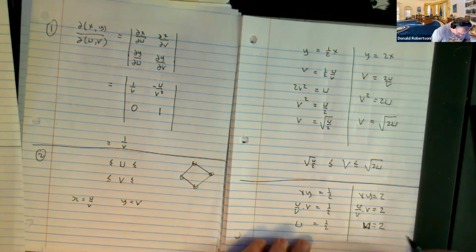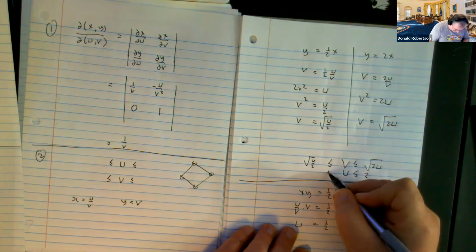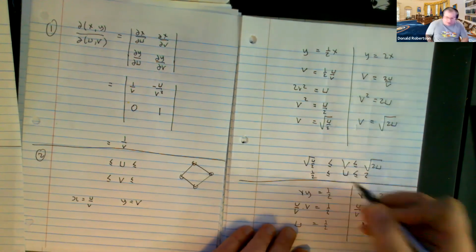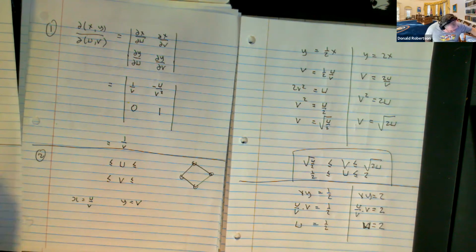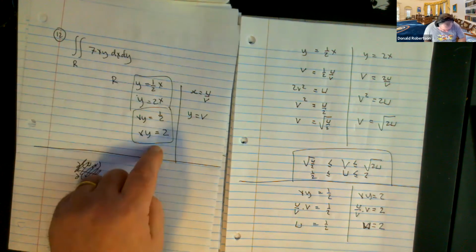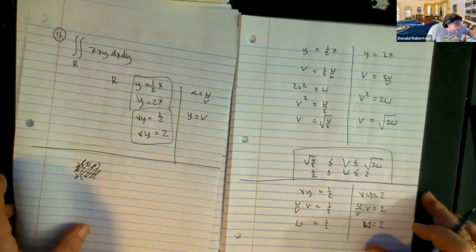And now I have those. So I now have the limits of integration not in terms of the original x's and y's, but in terms of u's and v's. So I should be able to put that package together now and come up with what the integral looks like.